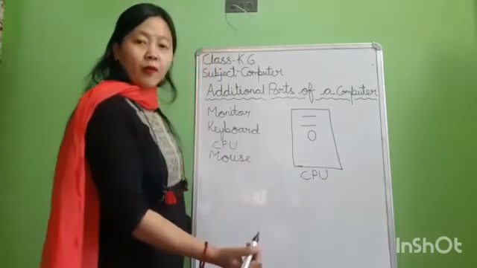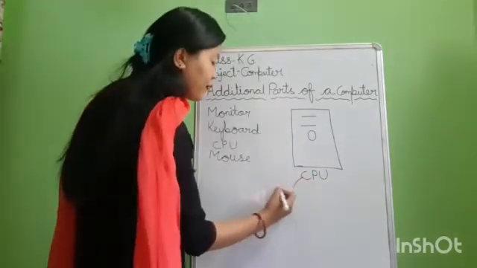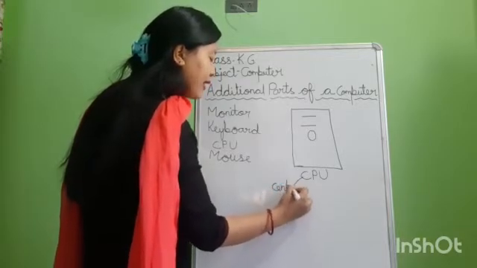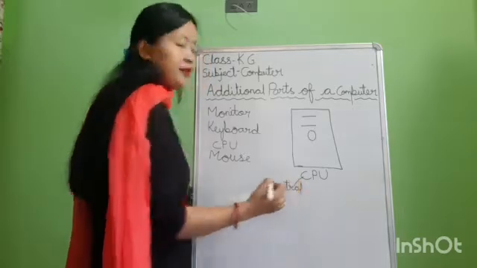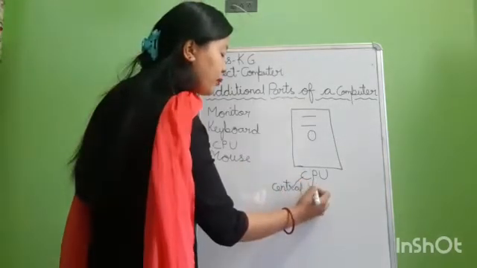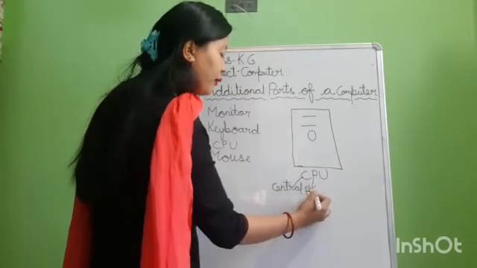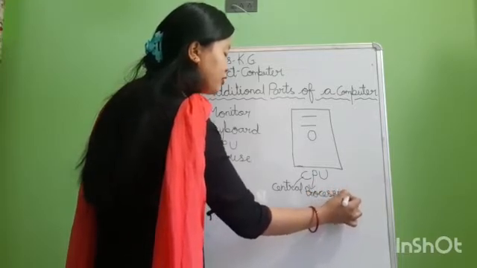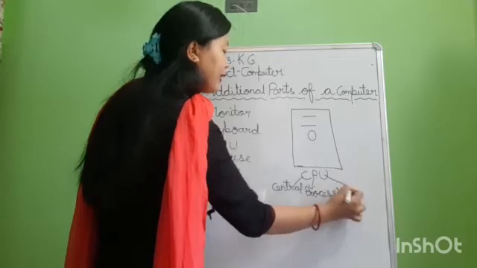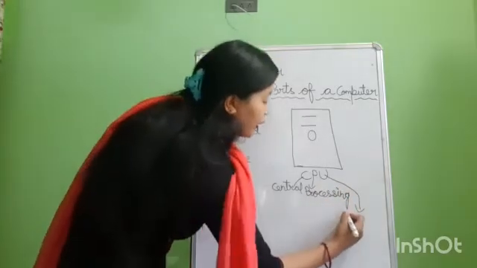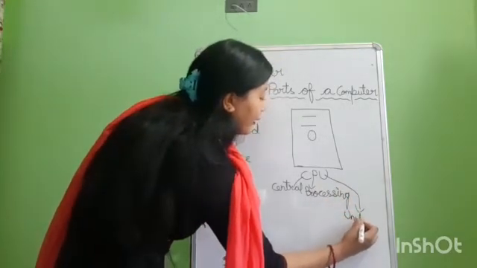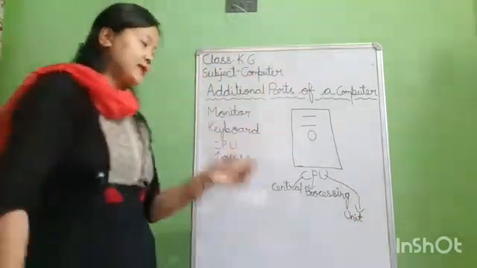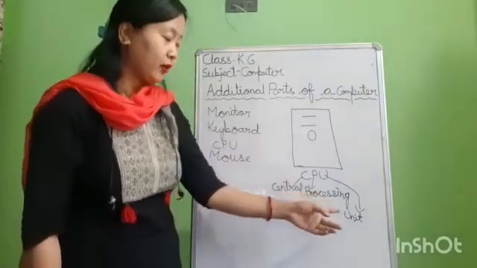Full form of CPU: C stands for central, P stands for processing, and U stands for unit. So children, CPU stands for Central Processing Unit.